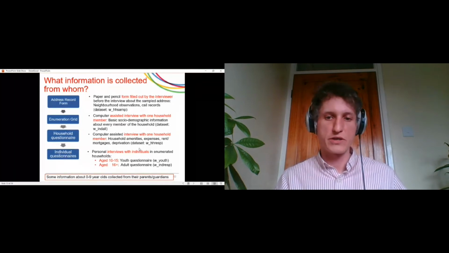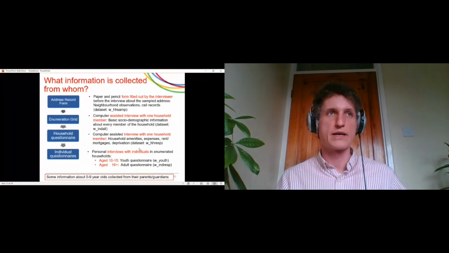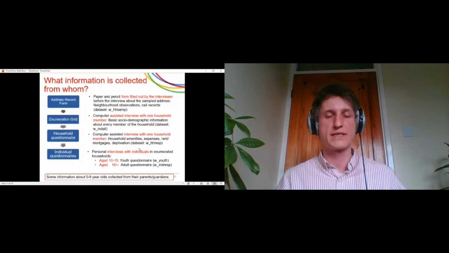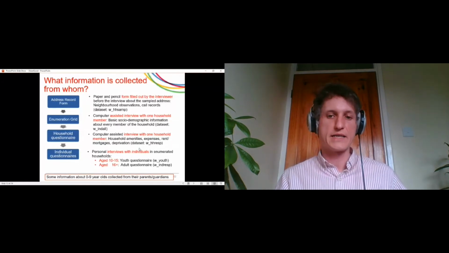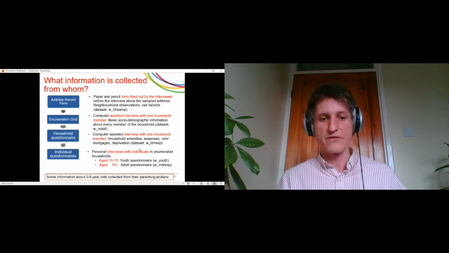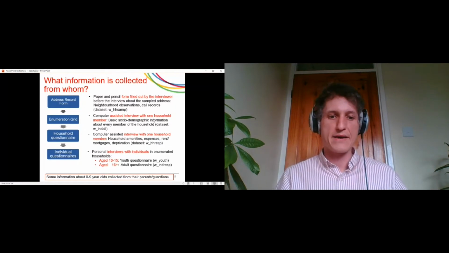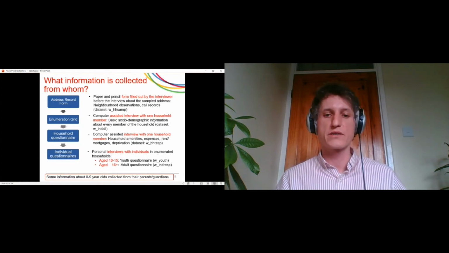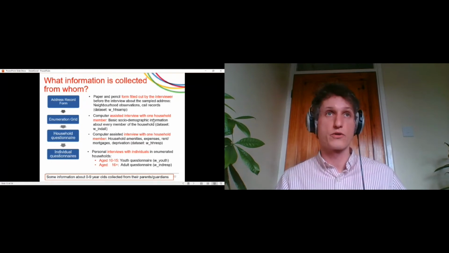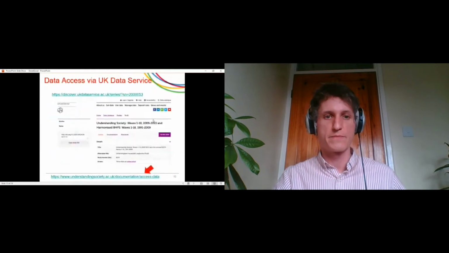And the adult questionnaire, for all consenting individuals aged 16 and older, is kept in the INDRESP file. Finally, some information is also collected about younger children, aged 0 to 9, taken from their parents or guardians, and this is stored in a file called child.